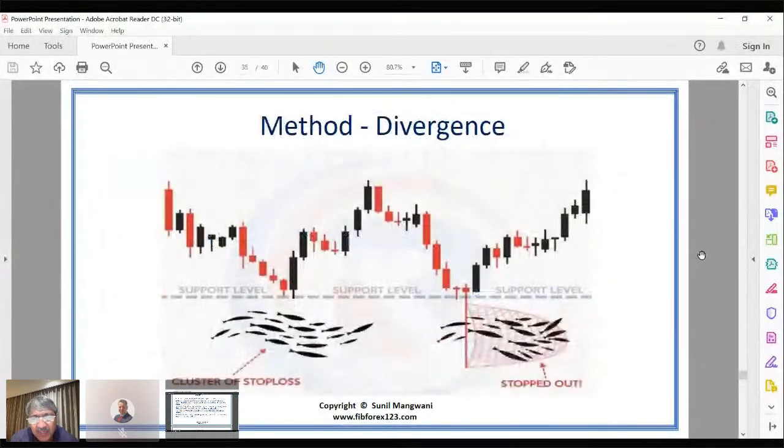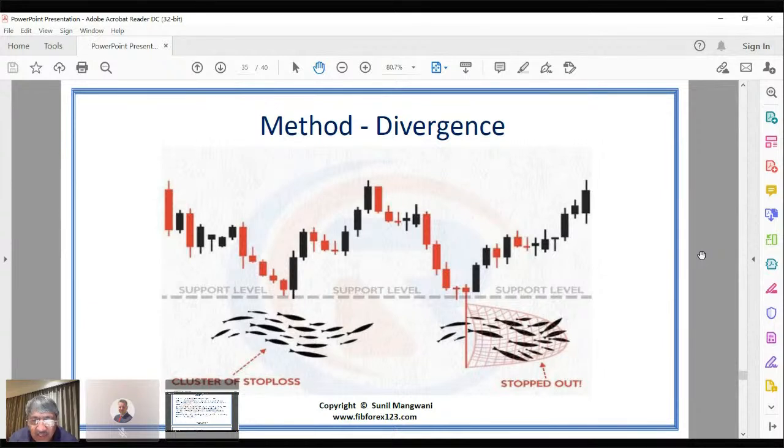So this is a slide, right, of what a divergence really is. So you have a support level, price bounces off a support level, it goes up, it comes back to the support level. Most retail traders will tend to buy over here, saying that it's a good support level, and they would obviously keep their stops below the support level.